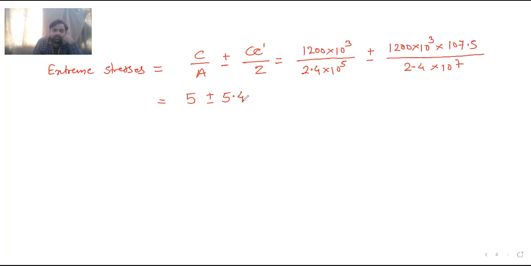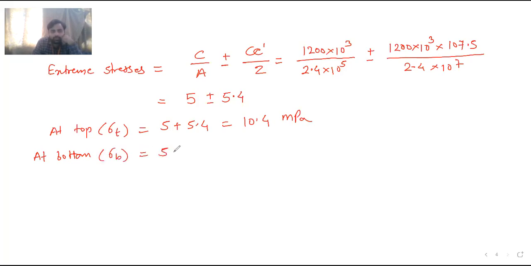For 5.37 also it is okay. So at top, sigma T is 5 plus 5.4, which is 10.4 MPa. At bottom, sigma B is equal to 5 minus 5.4, which is minus 0.4 MPa.